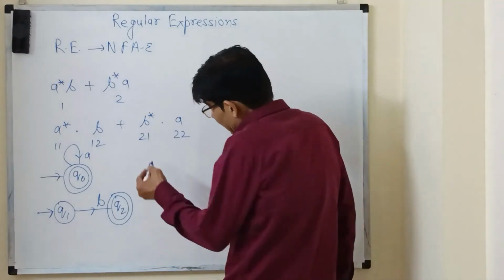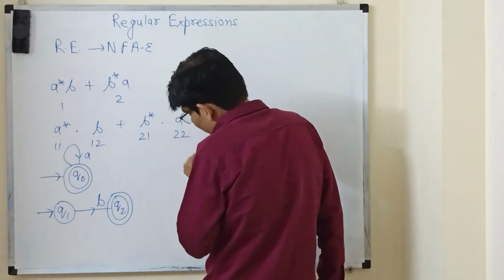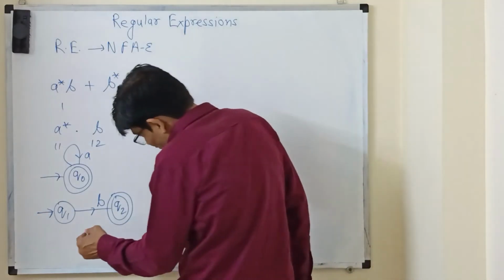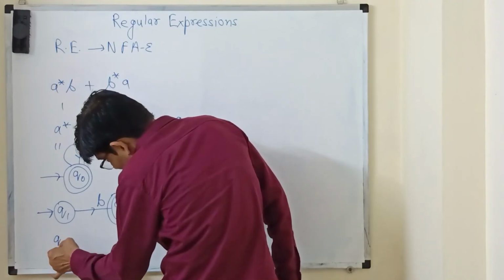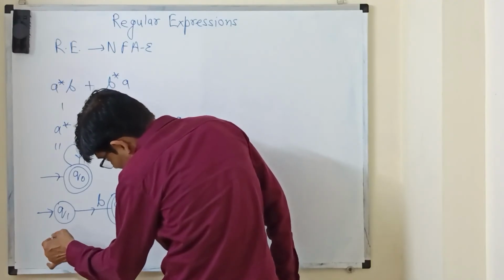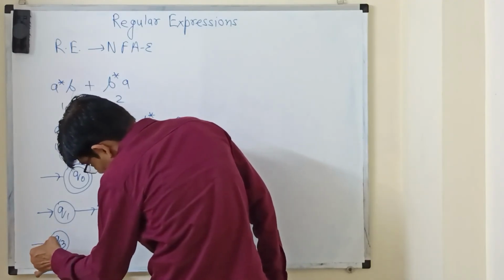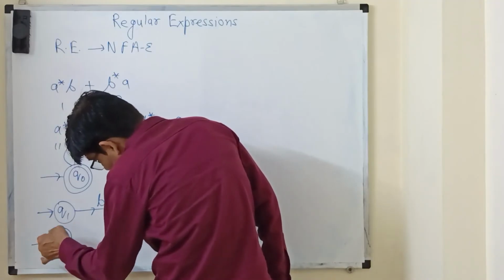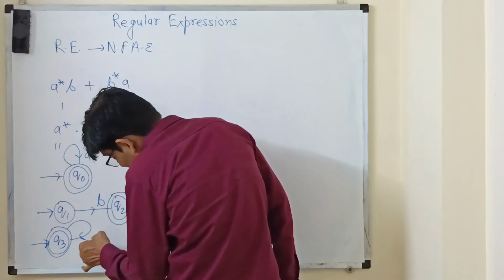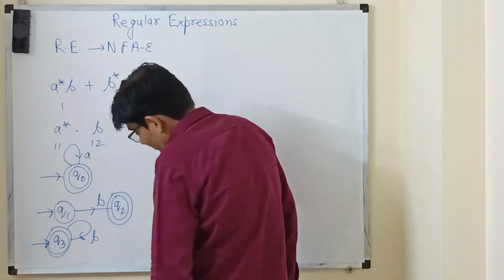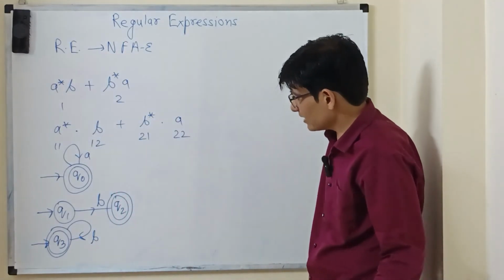Now another machine we will create for part 2 1. That would be the same as this. So again we are taking one more state here, q3, which would be both the initial state and the final state, and this will have a self loop of b.